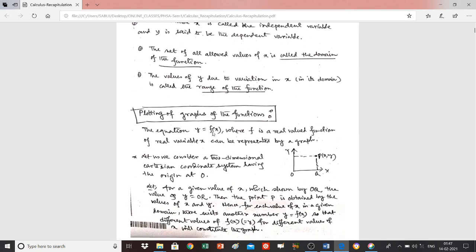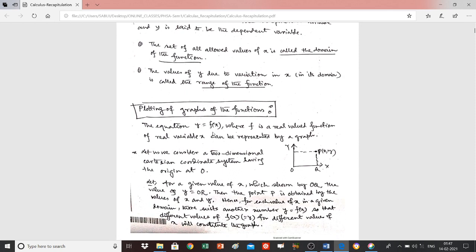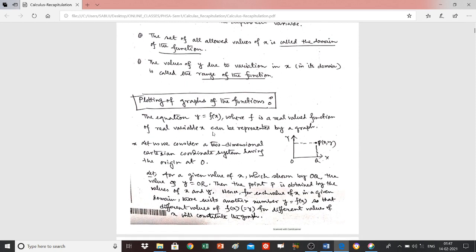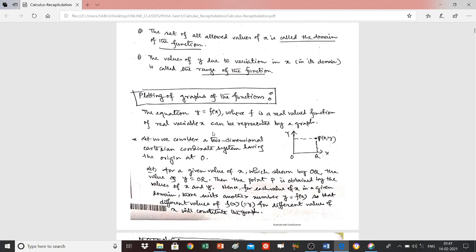Now come to the next topic, that is plotting of graphs of the function. It is very important to plot a function, and with that you can understand it and have complete knowledge of that function. So we wish to plot a function y is equal to f(x).